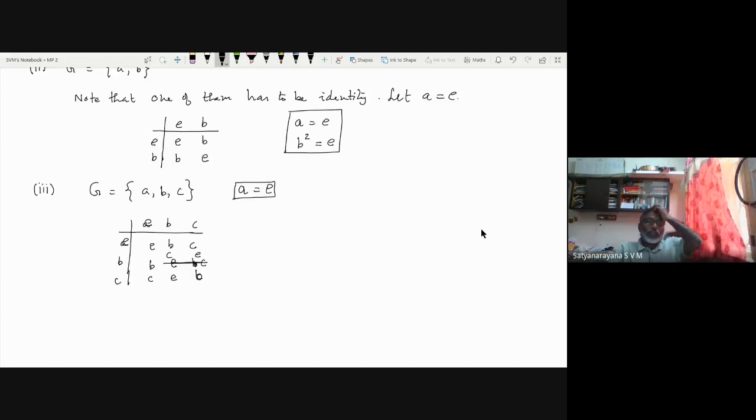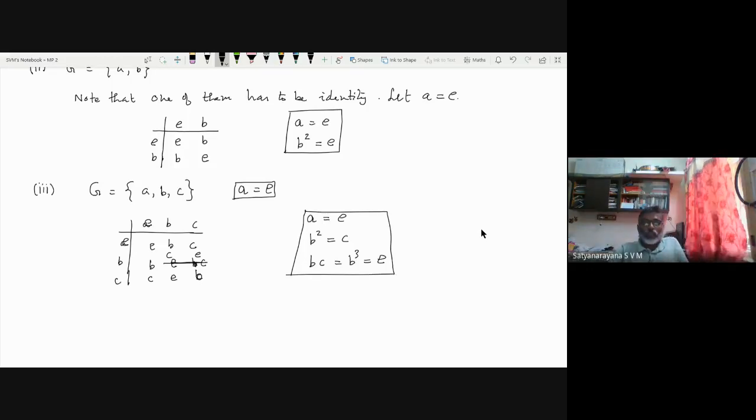So that means B into B is C, and B into C should be E. So A is equal to E, B square is equal to C, and BC, which is actually equal to B cube, is equal to E. So this is the condition under which this 3 element set forms a group.